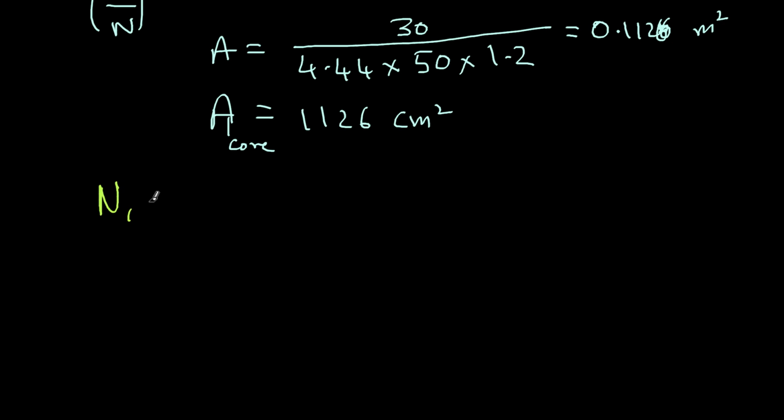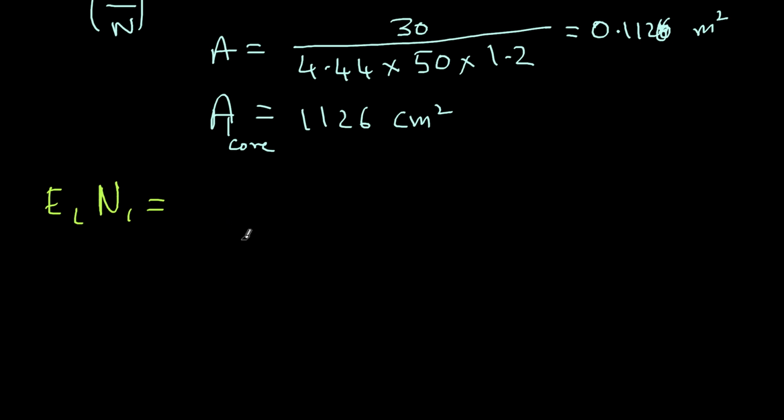So what is the number of turns in the primary? That is nothing but the voltage per turn. EMF per turn multiplied by number of turns is nothing but the voltage. So EMF per turn is 30 volts, that is given.